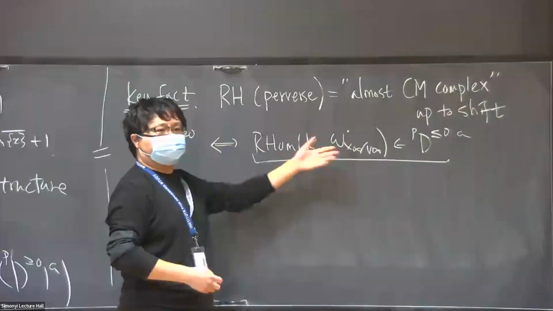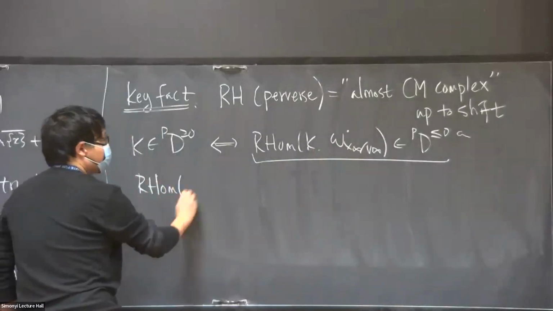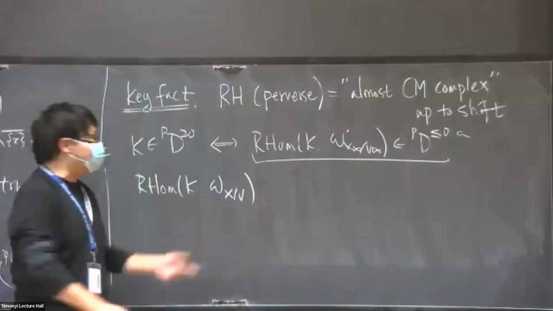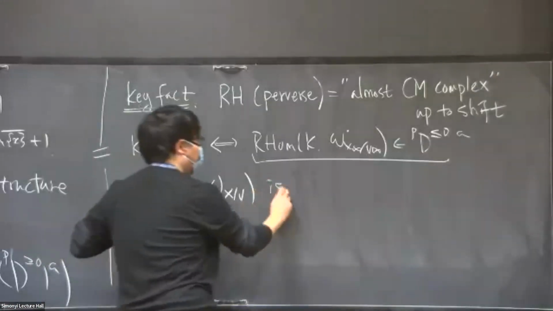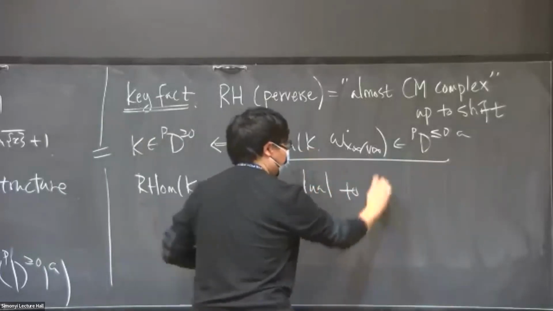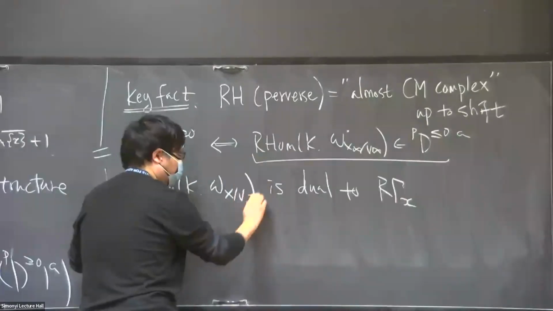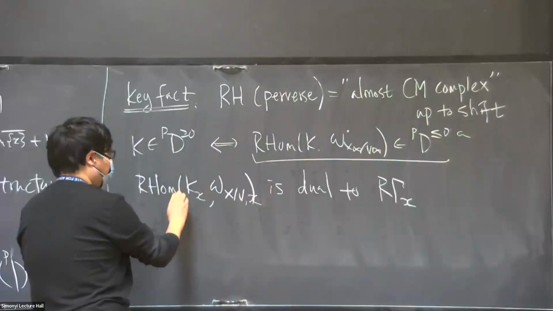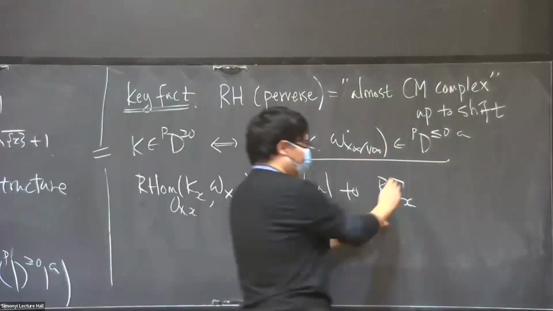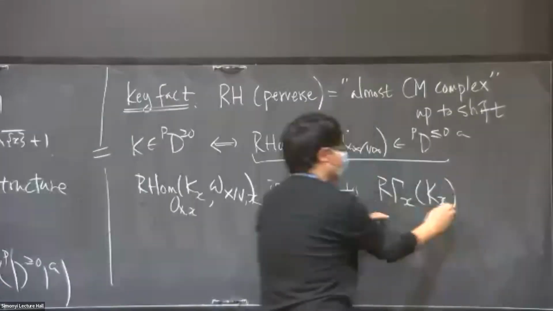The local duality tells you that, let's suppose it's just really coming from the base, this is dual to RΓ_x. Let's localize it, let's work at a point. So this is dual to the local cohomology of K_x.